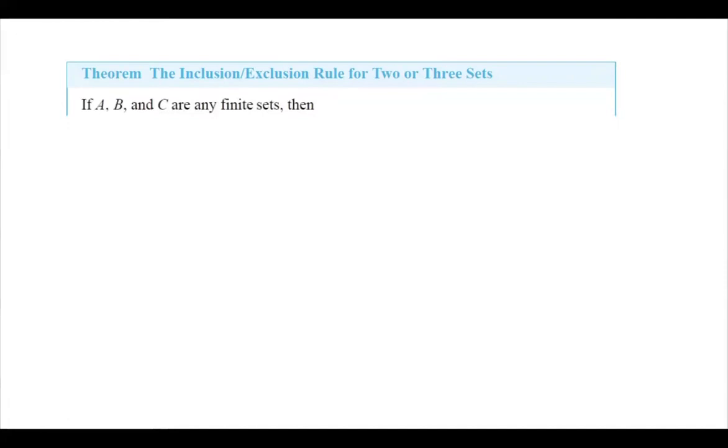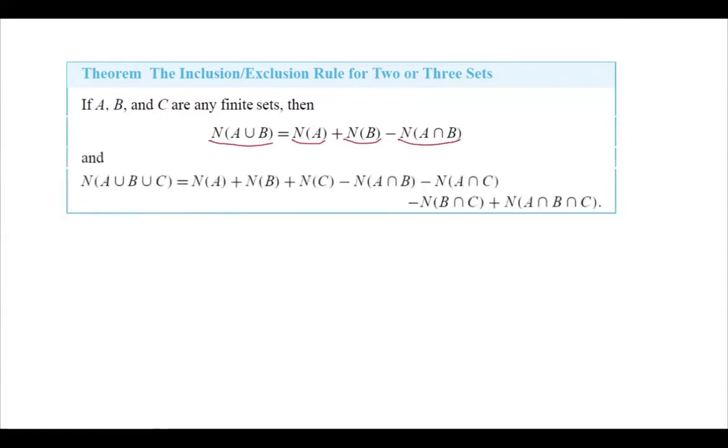If A, B, and C are any finite sets, then the cardinality of the union of A and B is the cardinality of A plus the cardinality of B minus the cardinality of their intersection, and the cardinality of the union of 3 sets is the cardinality of the first set plus the cardinality of the second set plus the cardinality of the third set minus the cardinality of their intersections pairwise plus the cardinality of their intersection.